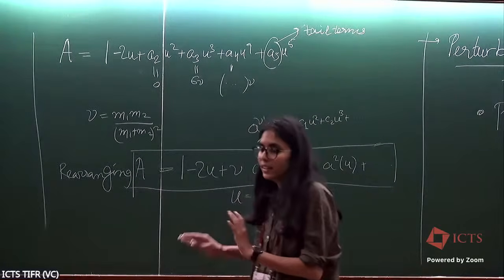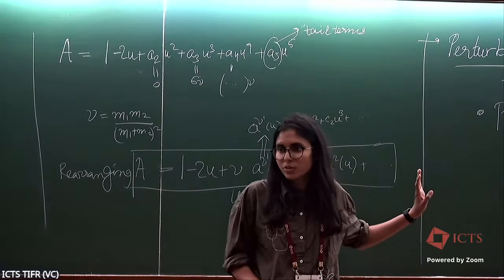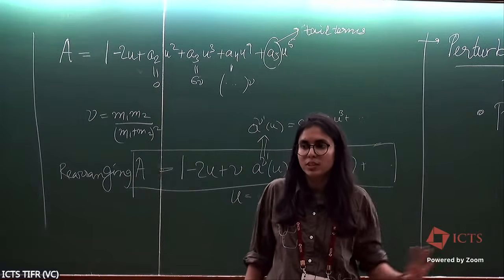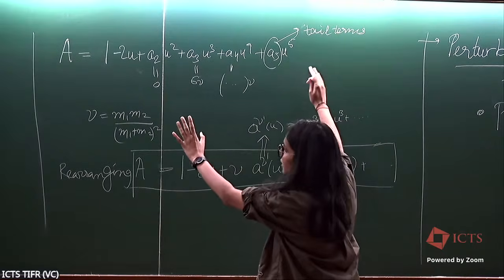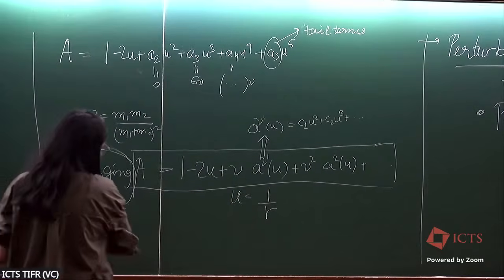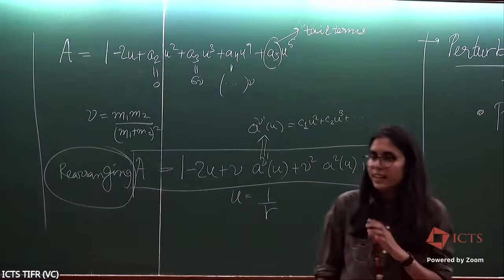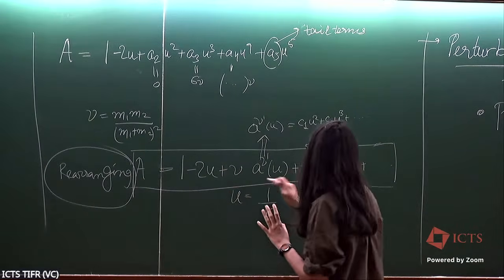Yes. Just to be clear, EOB is not doing self-force. EOB is not about doing an expansion in nu. It's just a rearrangement. It is PN. It's just rearranging, that's the keyword. Rearranging the A potential such that I factor the nu terms out, nu square.